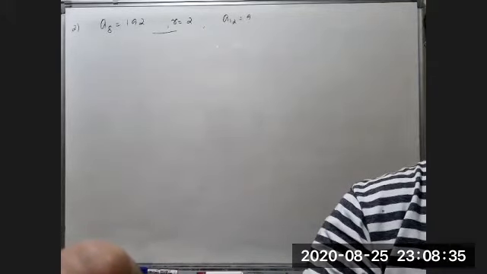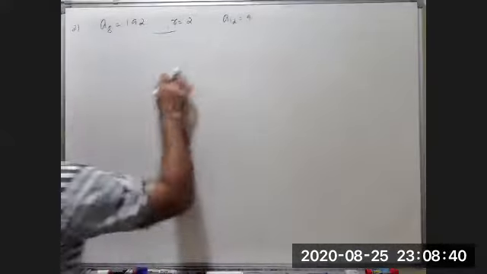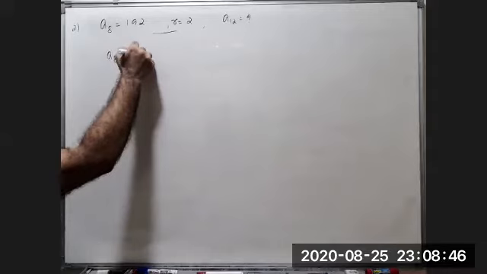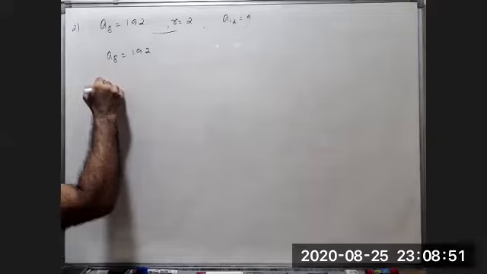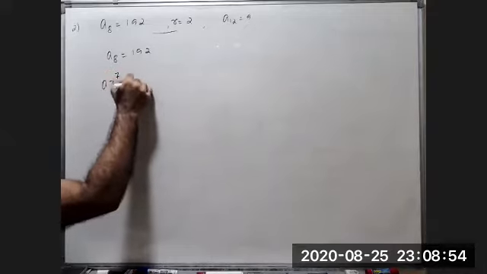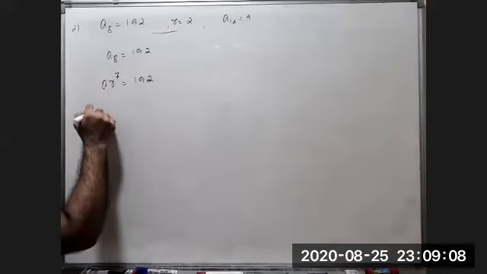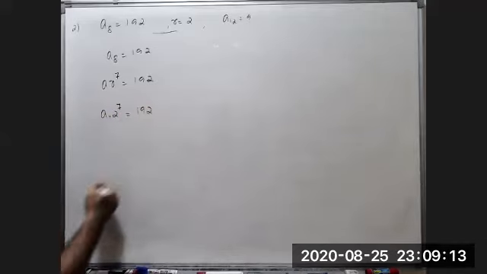Here again we start from A8, which is 192. The formula for A8 is A R raised to 7. We know the value of R, so A into 2 raised to 7 is 192.